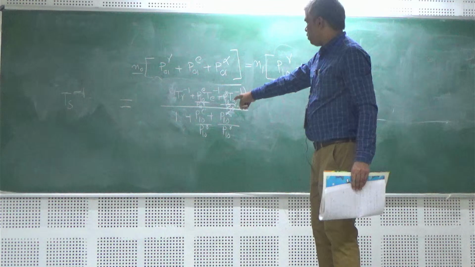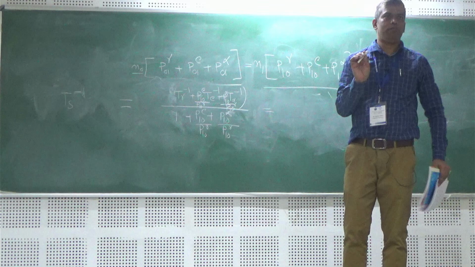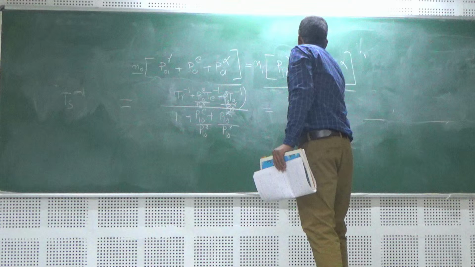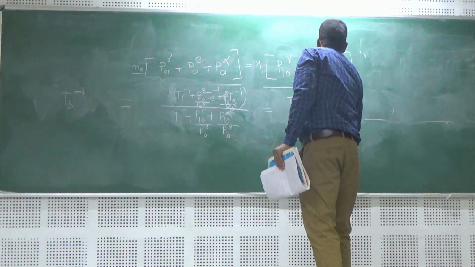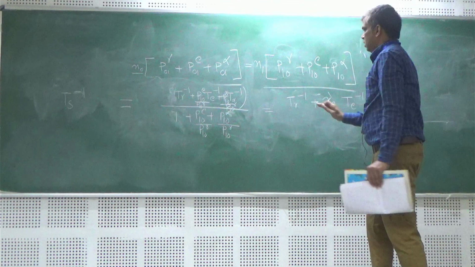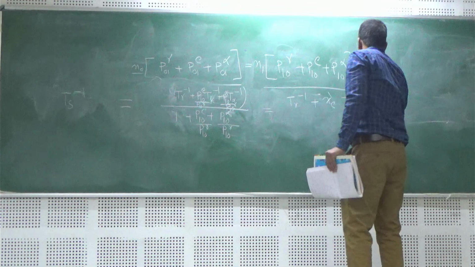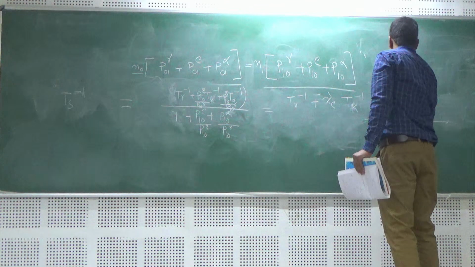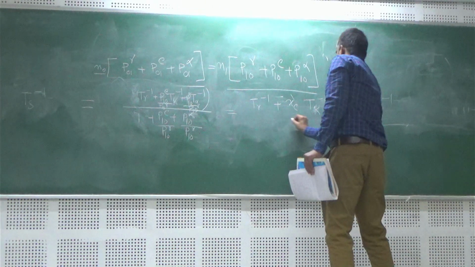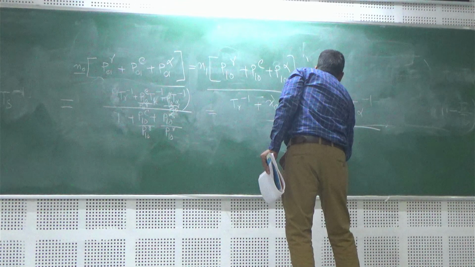Now you see we are actually reaching towards the very popular, famous formula. So TS inverse is T gamma inverse plus Xc TK inverse plus X alpha TK inverse over 1 plus Xc plus X alpha.